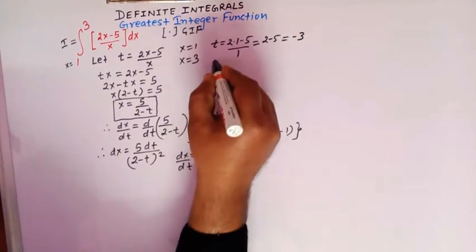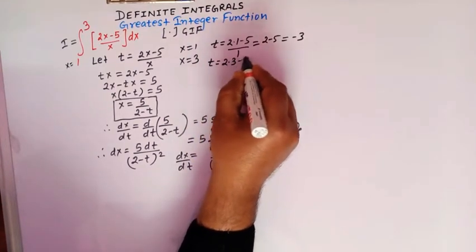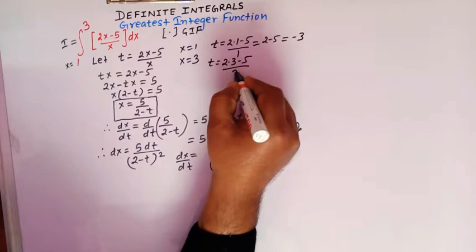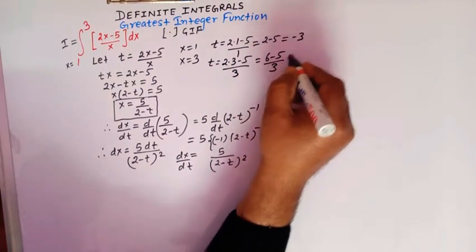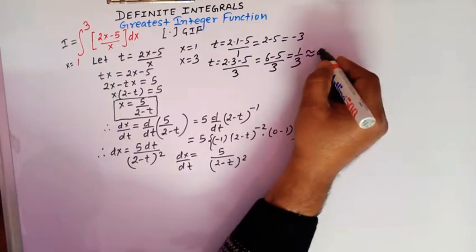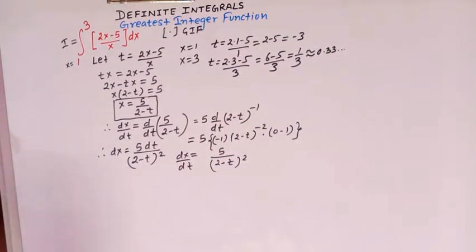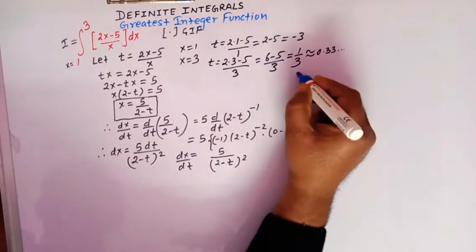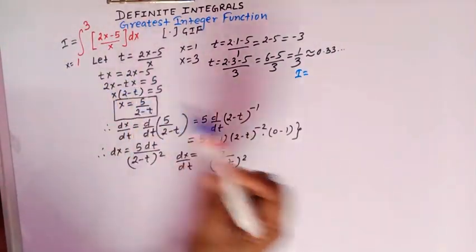And when x is equal to 3, we have t equal to (2 times 3 minus 5) over 3, and this is (6 minus 5) over 3, that is 1 over 3, which is approximately equal to 0.33.